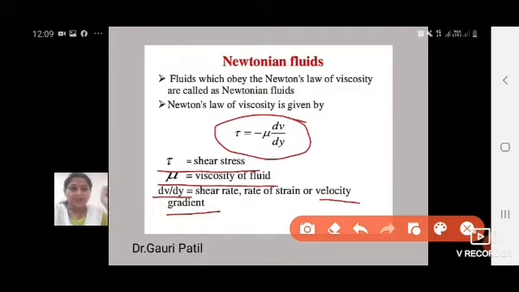For the upper layer the velocity is higher, but as we come to the lower layers the velocity keeps decreasing, and this is called the velocity gradient.